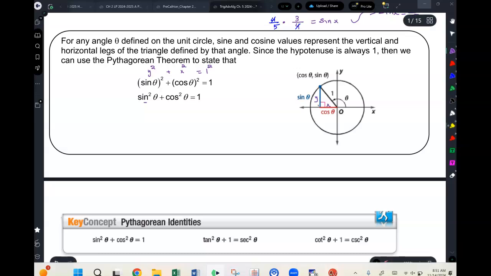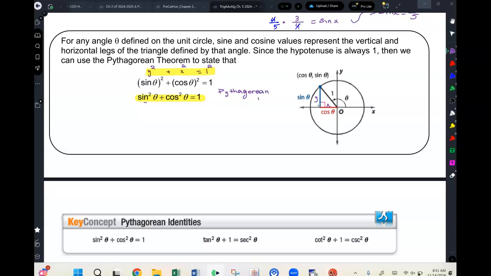So from the Pythagorean theorem, y squared plus x squared equals 1, we get sine squared theta plus cosine squared theta equals 1. Because this came from the Pythagorean theorem, this is called the Pythagorean identity.